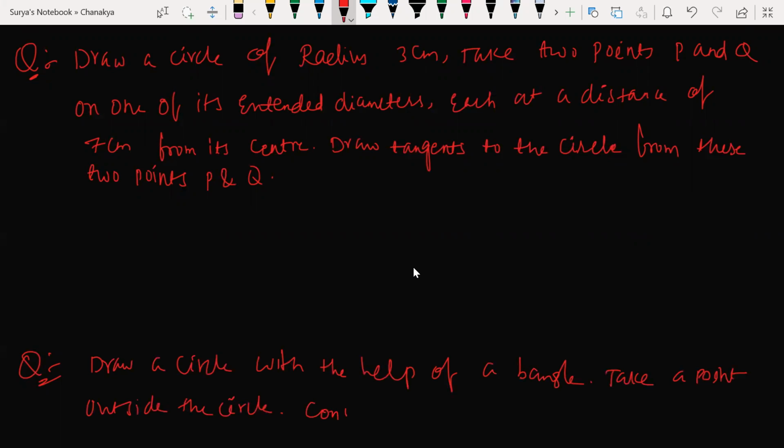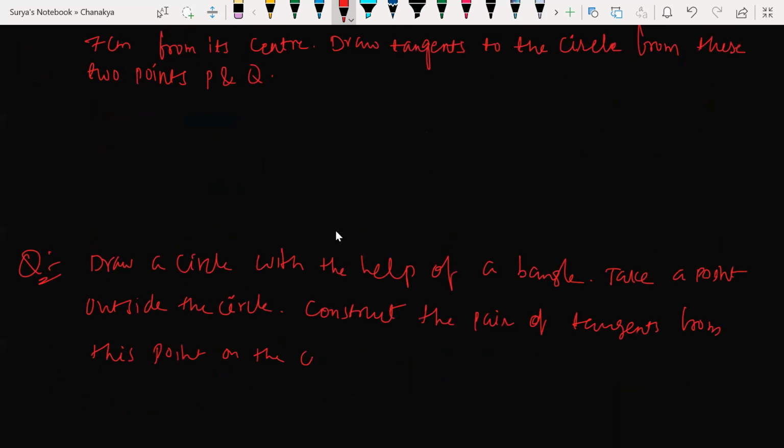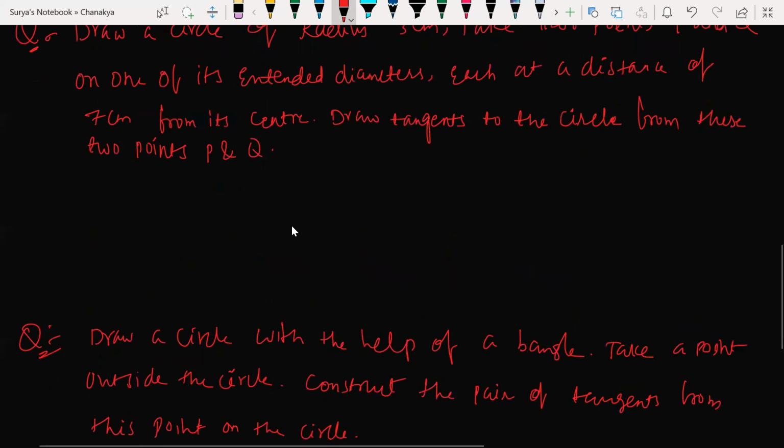Construct the pair of tangents from this point on the circle. Okay, this is the question. Everyone solve this.